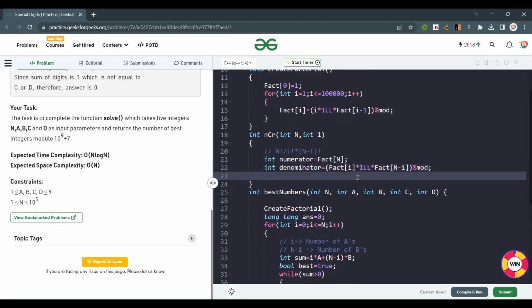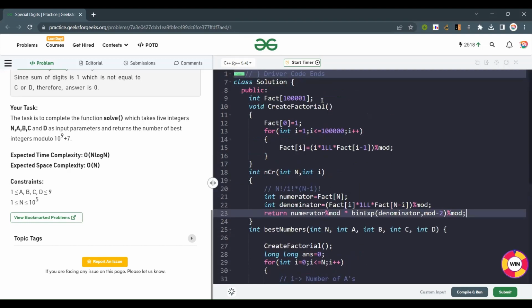This is the numerator and this is the denominator. So what will we return? Numerator modulo mod into denominator power mod minus 2. For the power, I will create a binary exponentiation function which will calculate it for me.